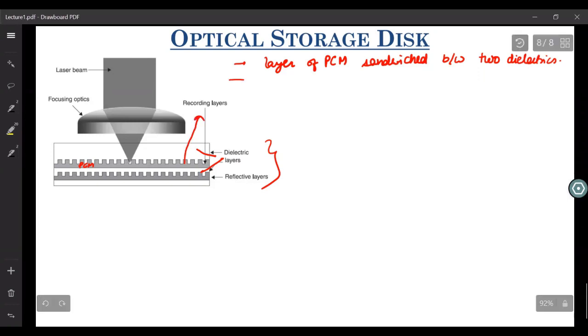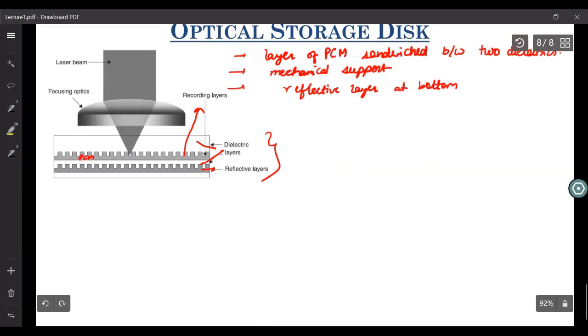And then we have this dielectric layer on top which provides mechanical support. Then there is a dielectric layer which separates your PCM from a reflective layer. So you have a reflective layer at the bottom, which is shown here.